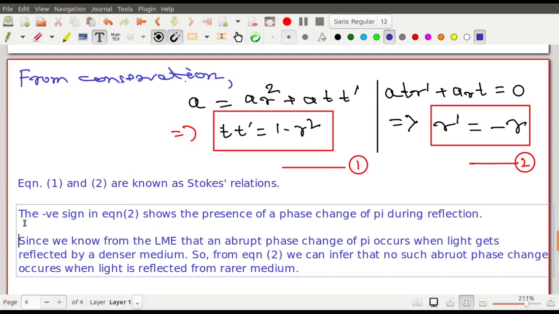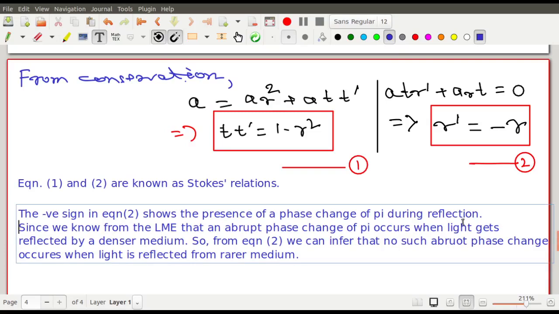I don't know between which mediums, so that is not known to us. It shows a phase change of pi, but we don't know in which medium.